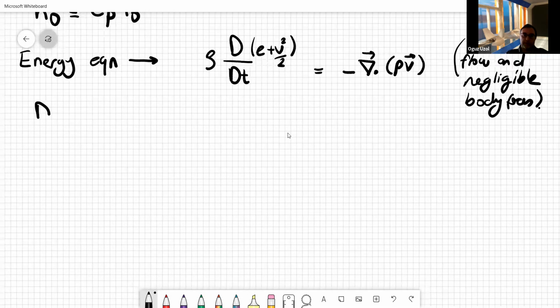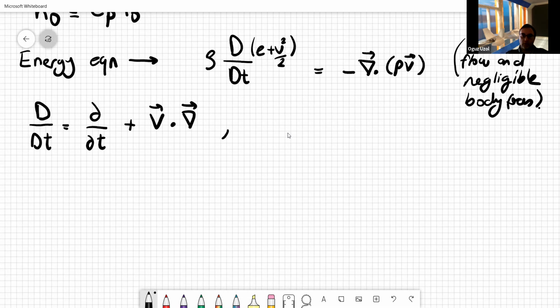First of all, the material derivative, also known as the substantial derivative, we know what it is. It's basically equal to the partial derivative of a quantity with respect to time plus v dot nabla operator, v dot gradient operator, right? Now, on the right-hand side, we have this dot product, nabla dot pV.